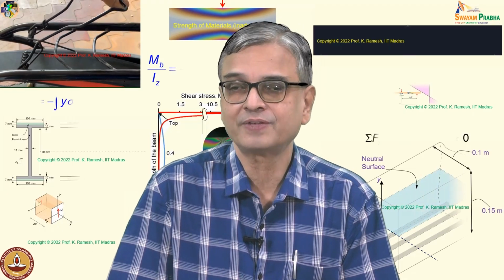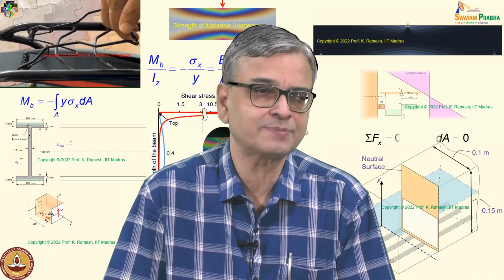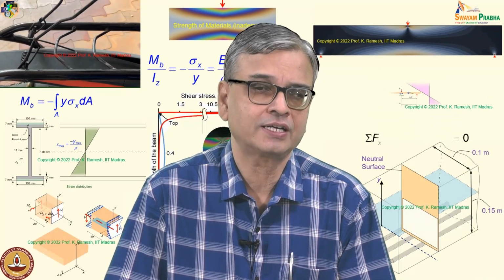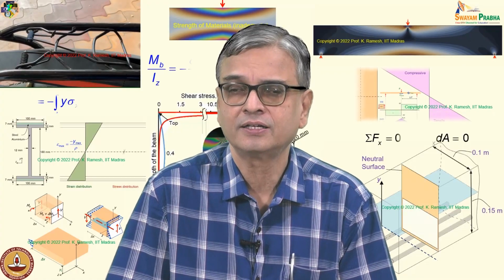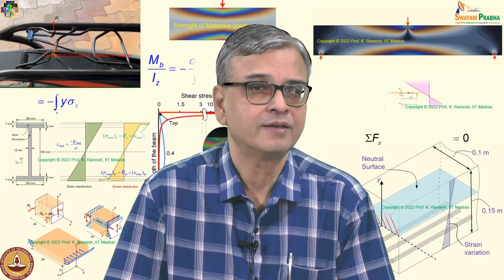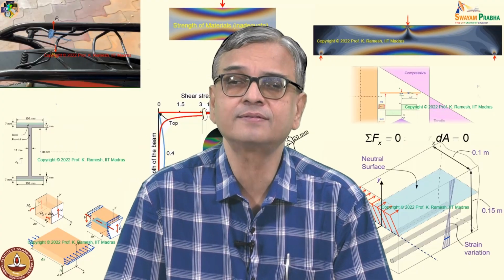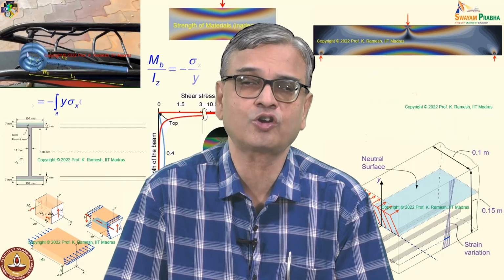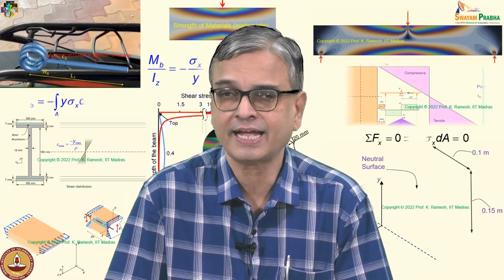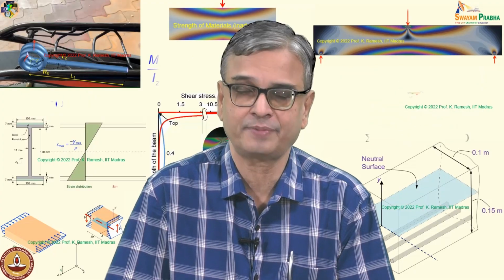So, in this class we have looked at certain subtle aspects of bending, the inconsistency of the shear formula for analyzing a circular cross section. Then we have also looked at what is unsymmetrical bending. Even a symmetrical cross section, if you have bending moments acting in two different directions, can be labeled as unsymmetrical bending.